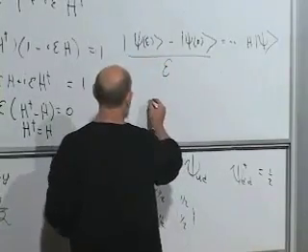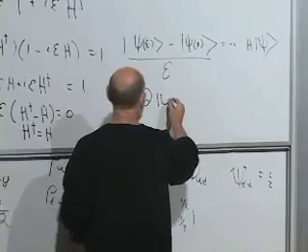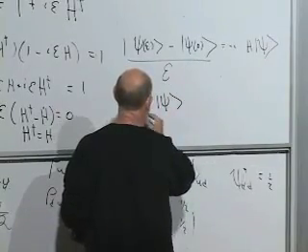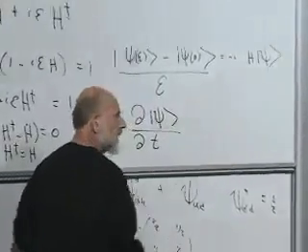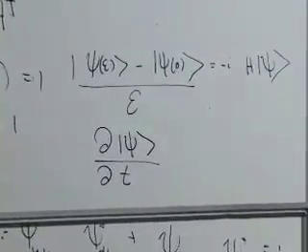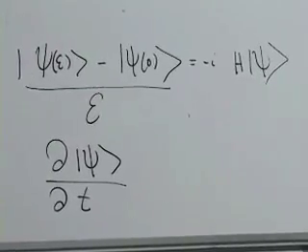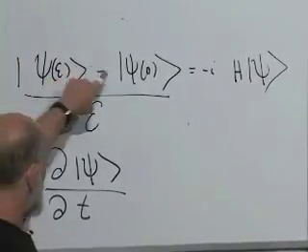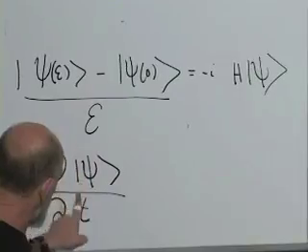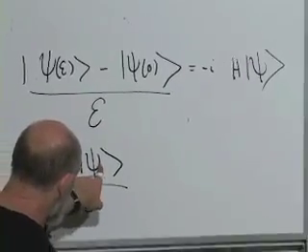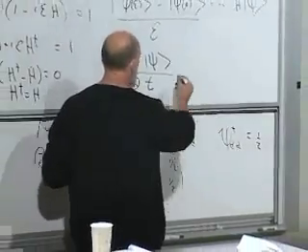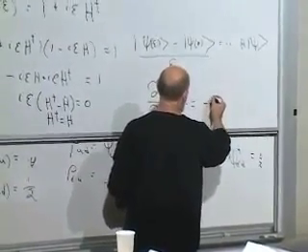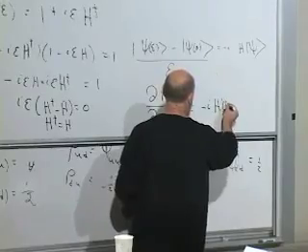This is the derivative of psi with respect to epsilon, or with respect to t. Epsilon is just a small interval of time. So the change in psi divided by a small interval of time, that's the derivative of the state vector with respect to time, is equal to minus i h on psi.